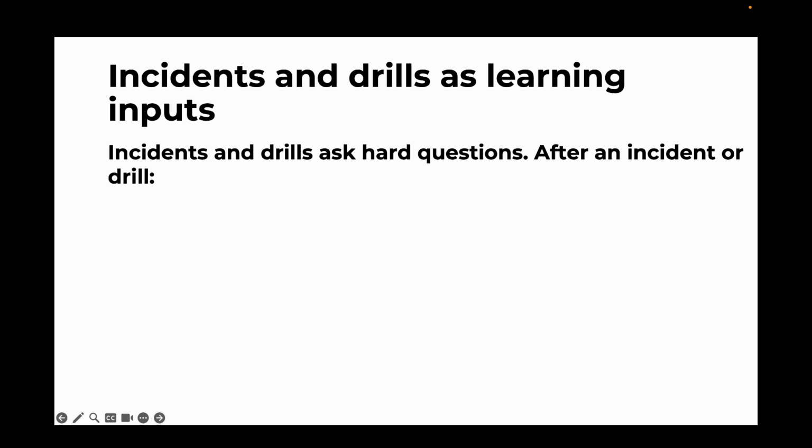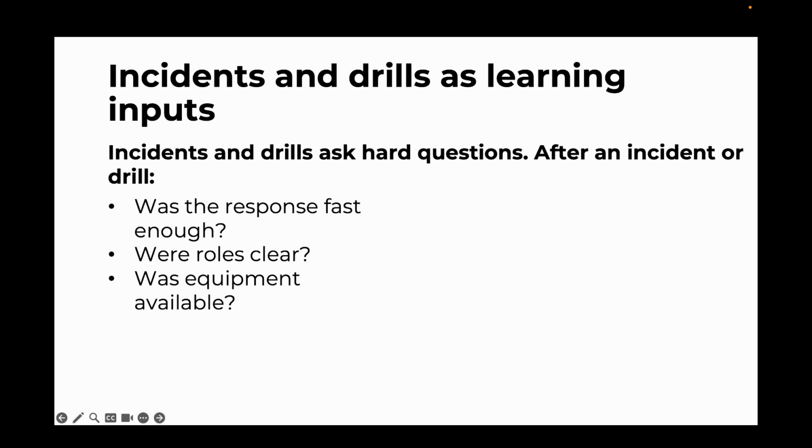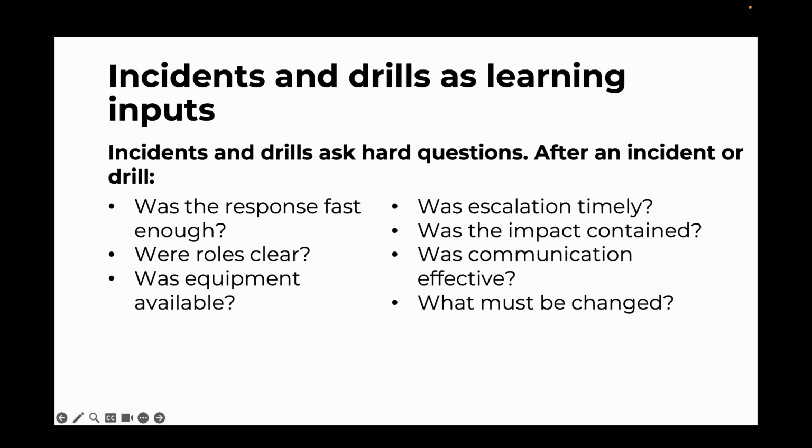Incidents and drills are learning inputs. They ask hard questions. Was the response fast enough? Were roles clear? Was equipment available? Was escalation timely? Was the environmental impact contained? Was communication effective?